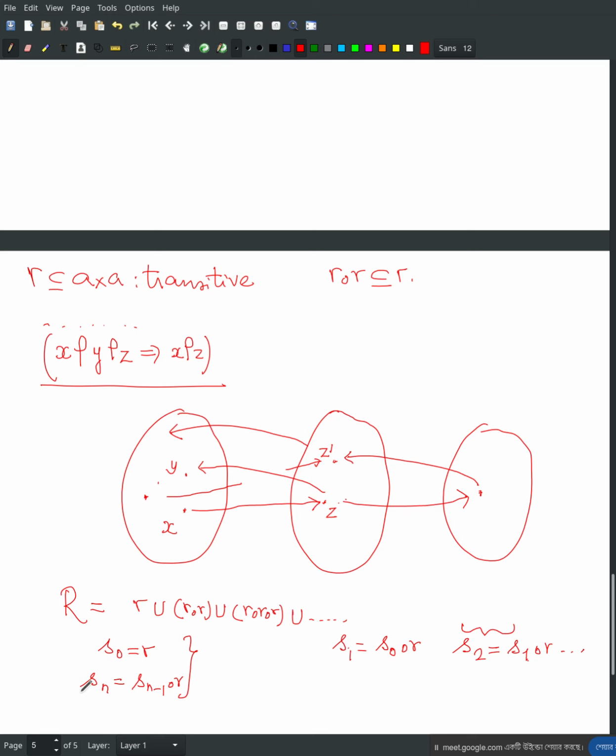Who tells you that there is a Sn for every n? That's where natural numbers come in. You take the collection of all natural numbers for which this set Sn is defined. S0 is defined. Yes. If Sn is defined, then Sn plus 1 is defined. Yes, by this rule. Therefore, your induction principle says for every natural number n, you can define the set Sn. See, you defined only for finite steps.